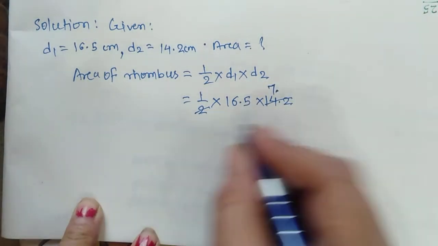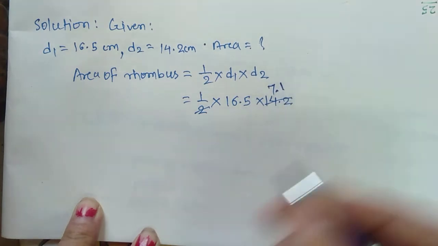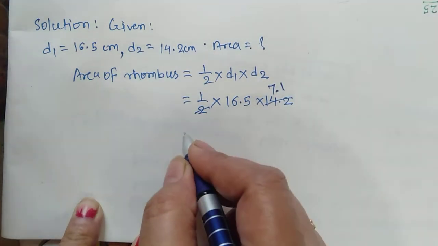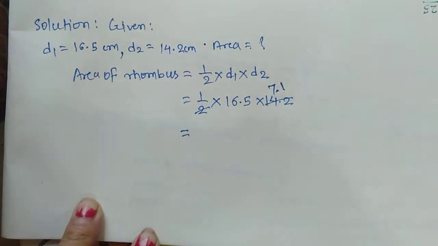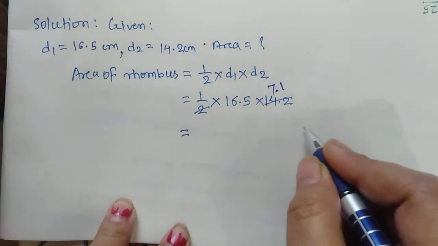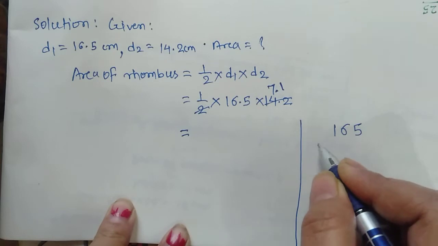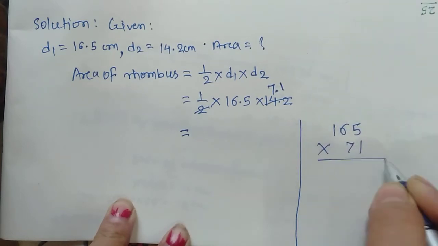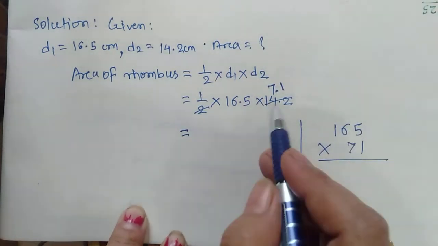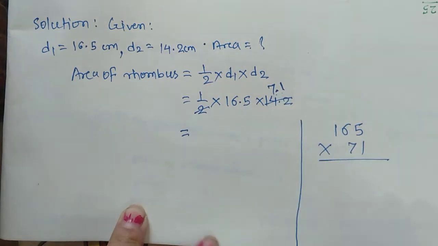Decimal point. 2 ones are 2. Now take the multiplication. 165 multiplied by 71. While multiplying we remove the decimal point.